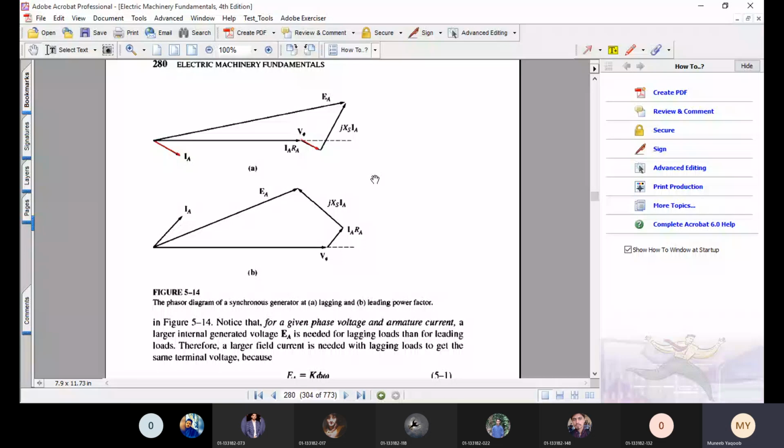So if we multiply IA with a negligibly small resistance, approximately zero resistance, what will happen? A very small voltage drop will occur across RA, that is the IARA vector. Therefore, the length of vector IARA was displayed very short because of RA.